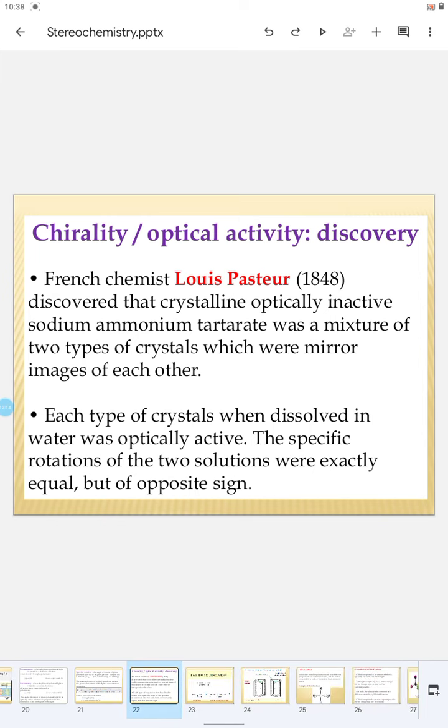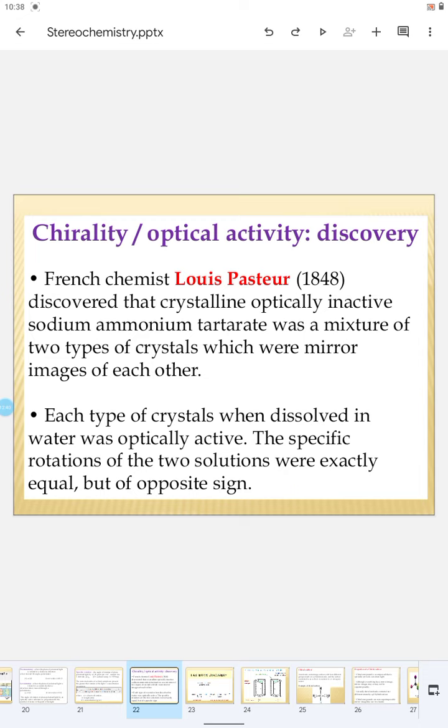And French chemist Louis Pasteur in 1848 discovered that crystalline optically inactive sodium ammonium tartrate was a mixture of two types of crystals which were mirror images of each other. Each type of crystal, when dissolved in water, was optically active.